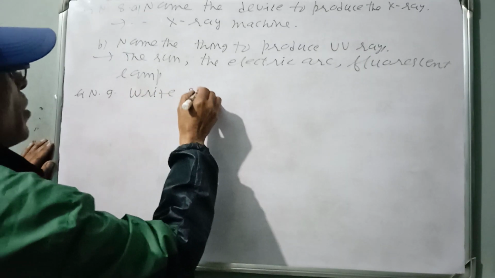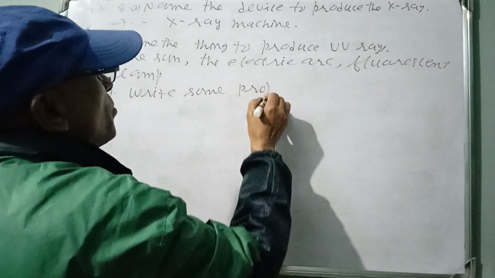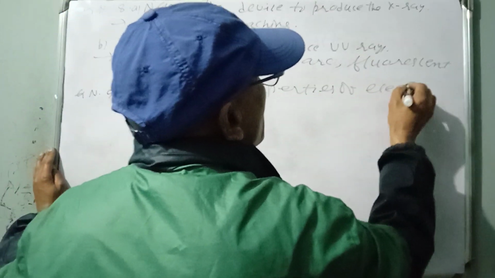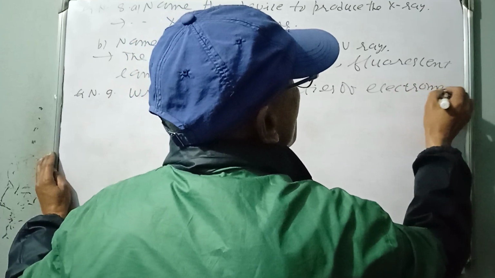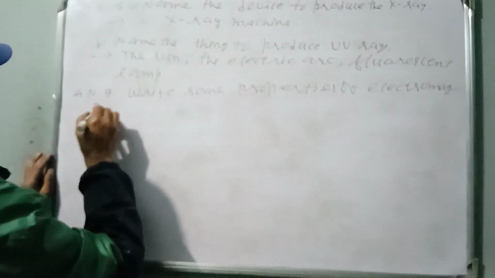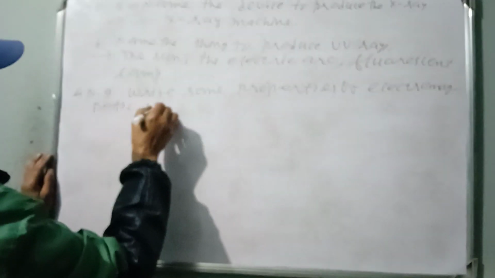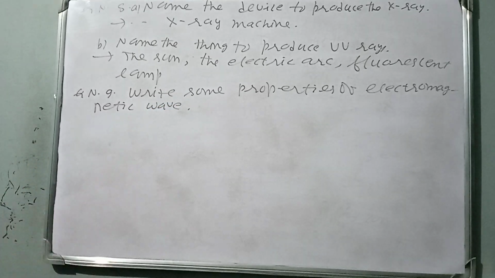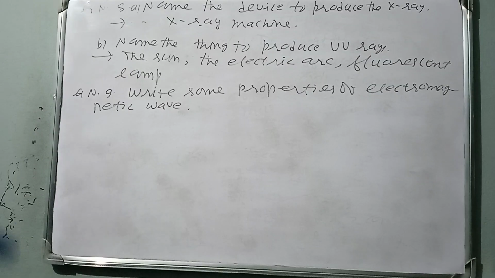Question number 9. Write some properties of electromagnetic waves, like light waves.